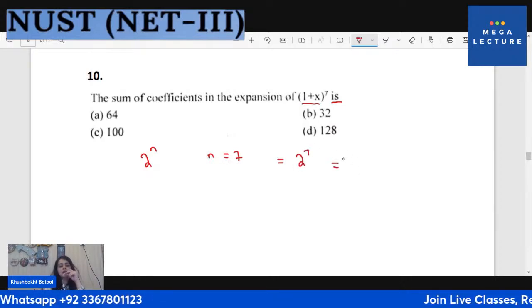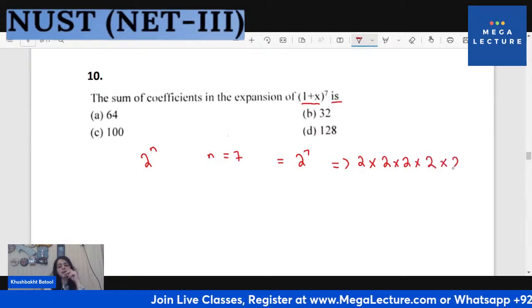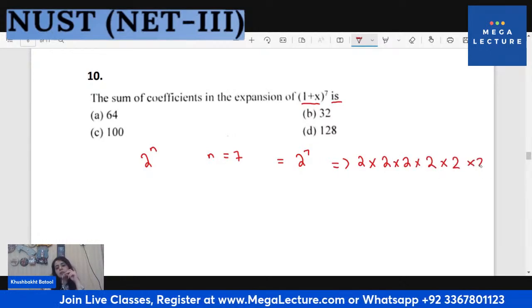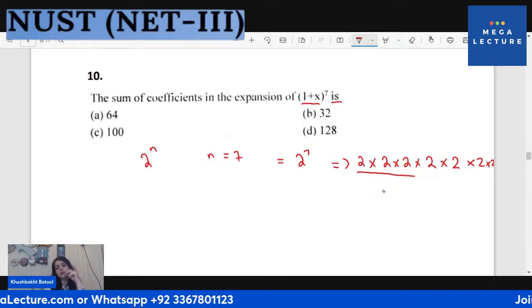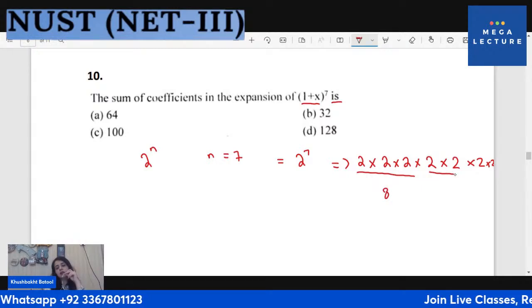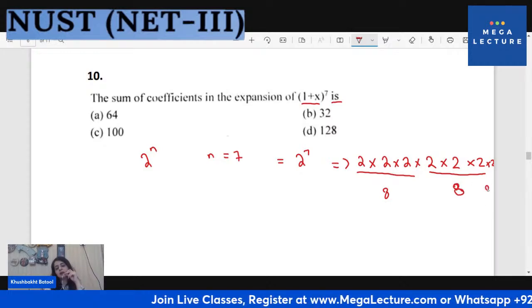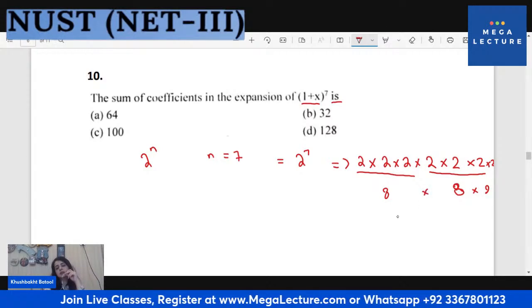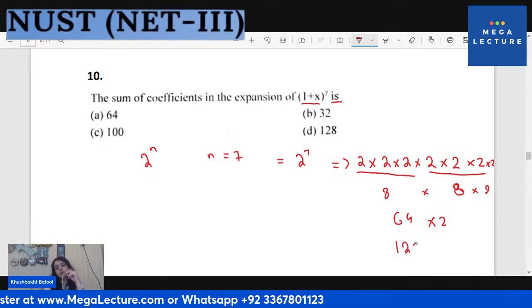That can be calculated as 2 multiplied by 2 multiplied by 2 multiplied by 2 multiplied by 2 multiplied by 2. So we have 6 so far and then one last 2. 2 multiplied by 2 multiplied by 2 would give you 8, and another 8, and this multiplied by 2. Now this is 64 multiplied by 2 and it would give you 128.